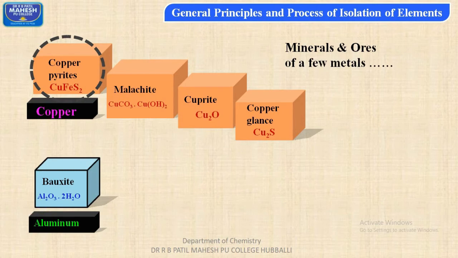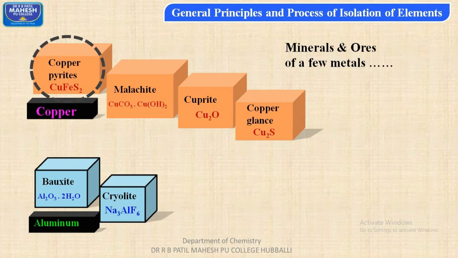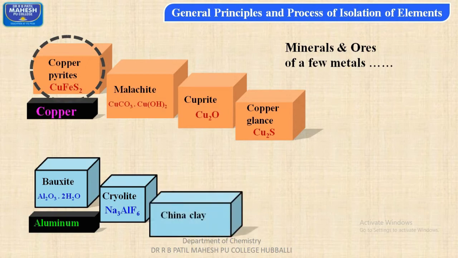Second mineral of aluminium is cryolite with the formula Na3AlF6, whereas the third mineral of aluminium is China clay, and the formula student for this is Al2O3, that is aluminium oxide silicate dihydrate. And among these, bauxite is considered as an ore of aluminium.